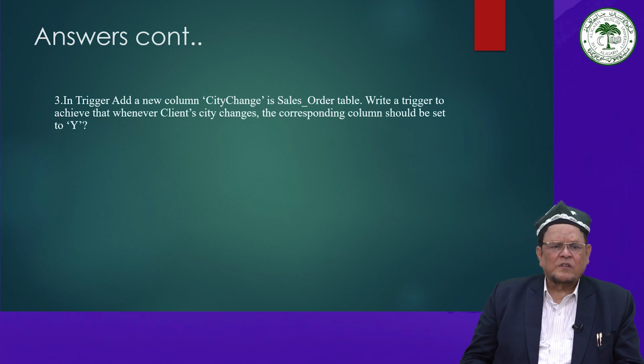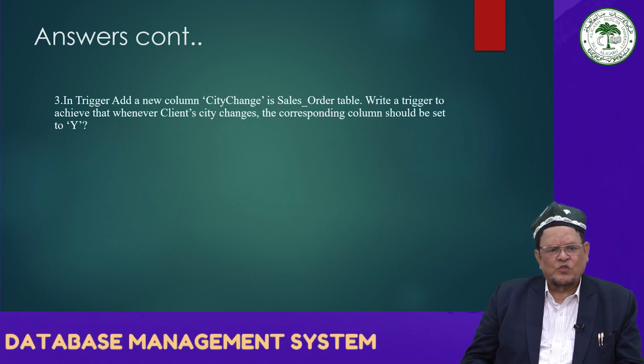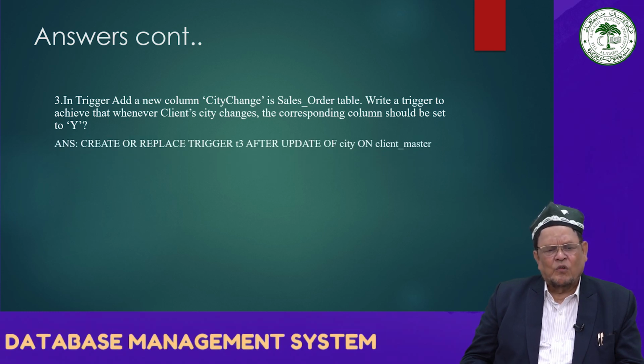The third question was, in trigger, add a new column CT change in the sales order table. Write a trigger to achieve that. Whenever client CT changes, the corresponding column should be set to yes. For that, you have to type on your computer: create or replace trigger T3 after update of CT on client master for each row.